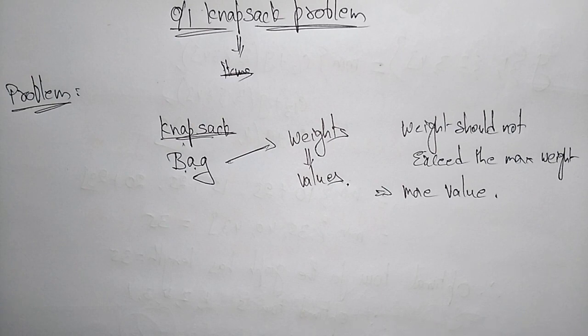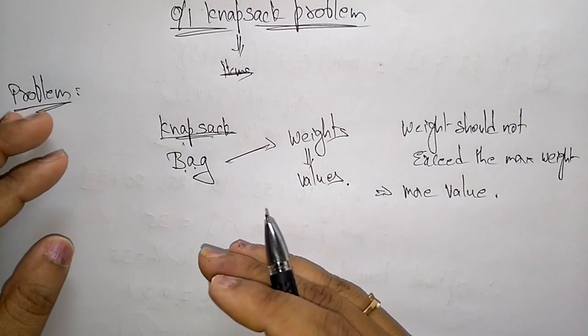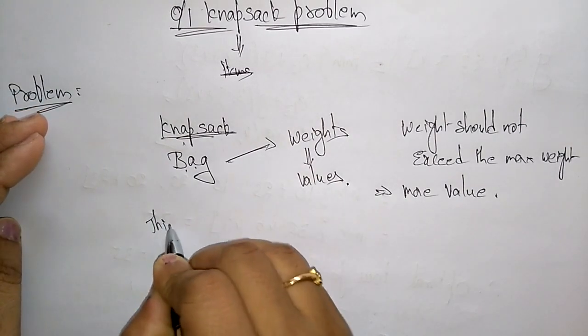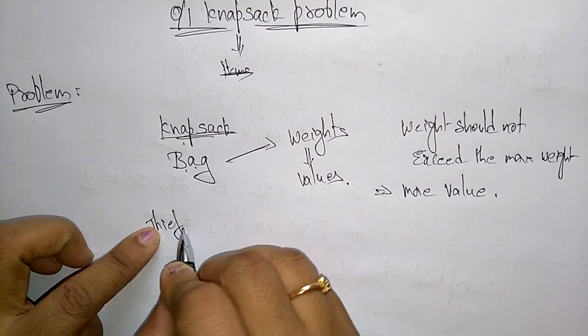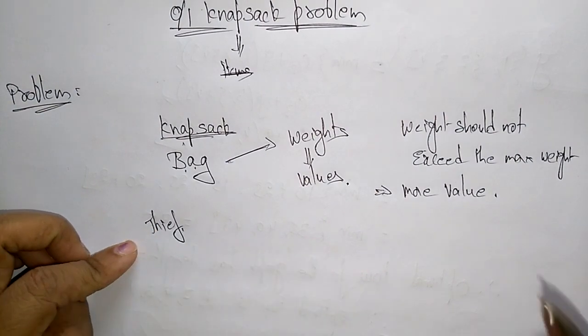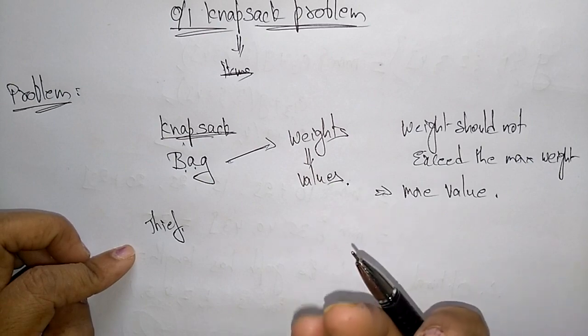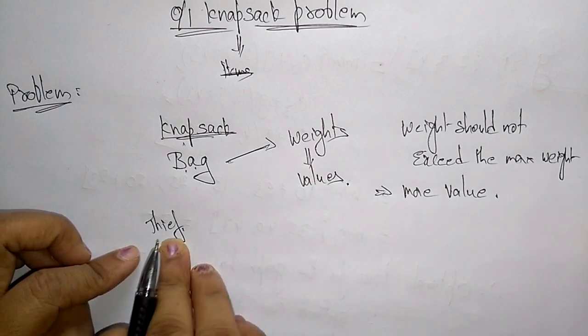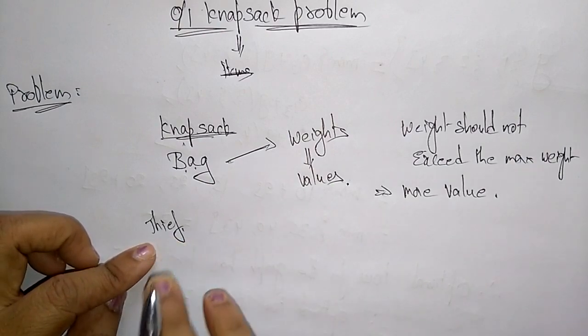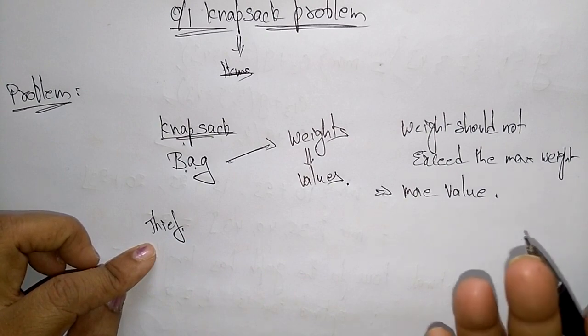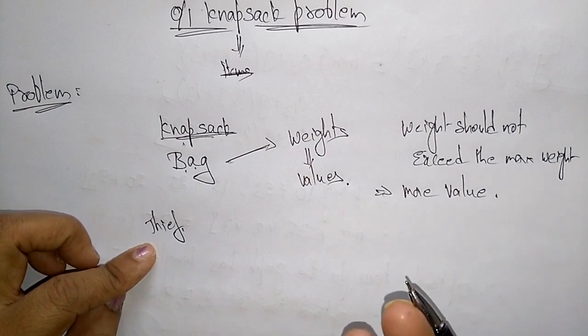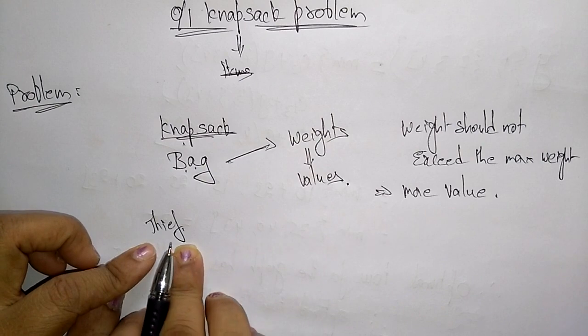Another example: suppose a thief wants to snatch one item. The weight of that item should be less so that the thief can carry it, and if he sells that item, it should be expensive. Then the thief will benefit.